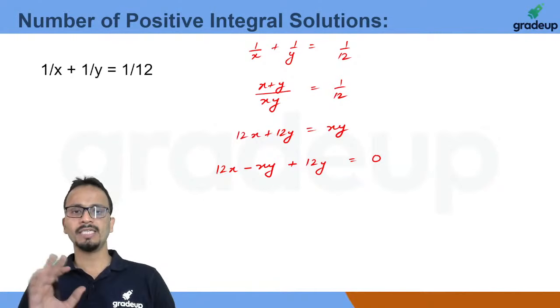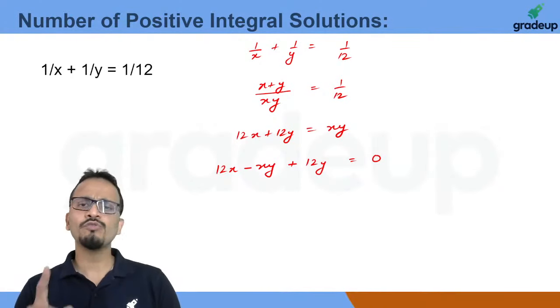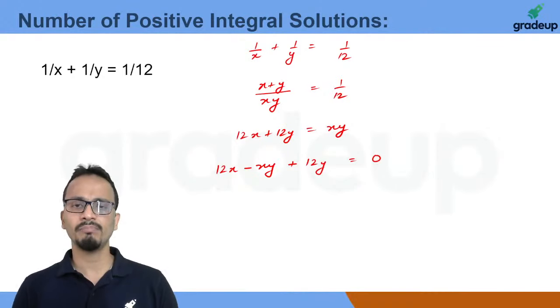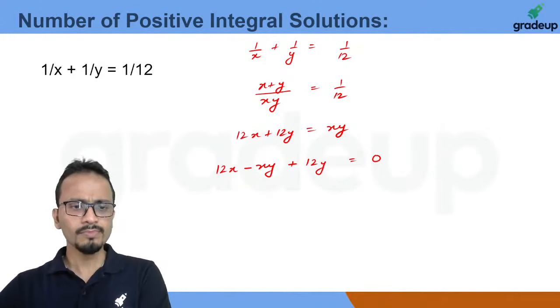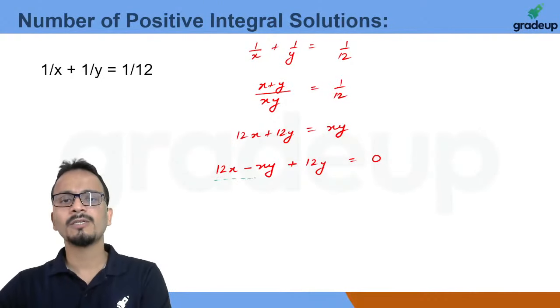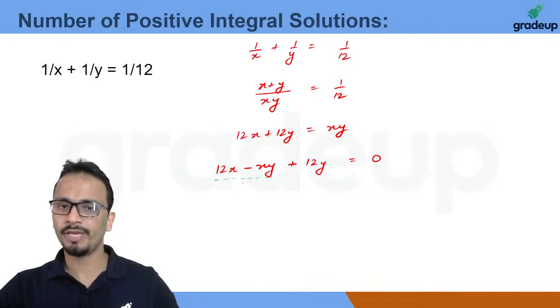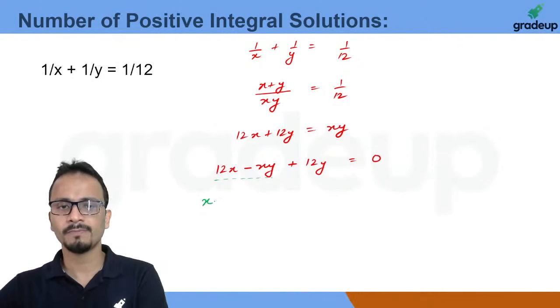Okay, ठीक है, आगे चलते हैं. Now the next step is we have to factorize the left hand side. If you look at the first two terms, I can take x common from here. If I take x common, I'll be left with 12 minus y.